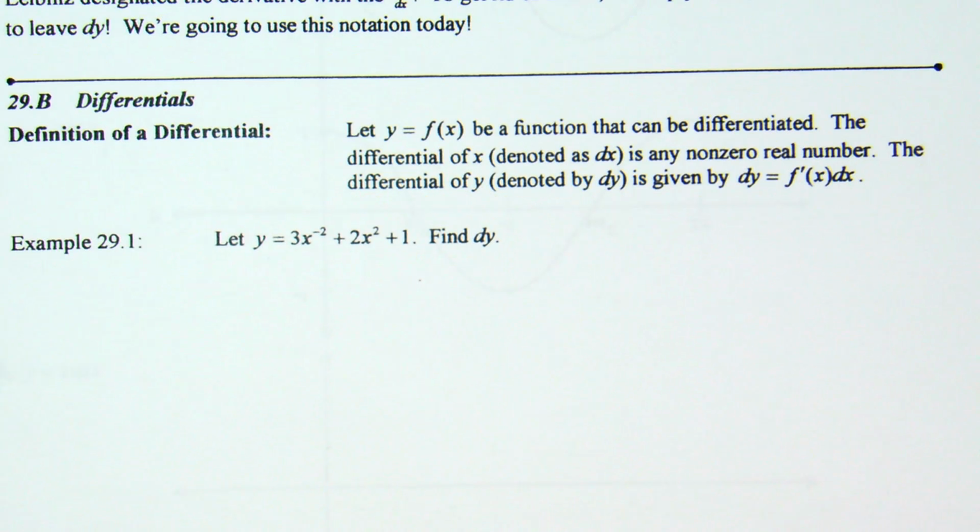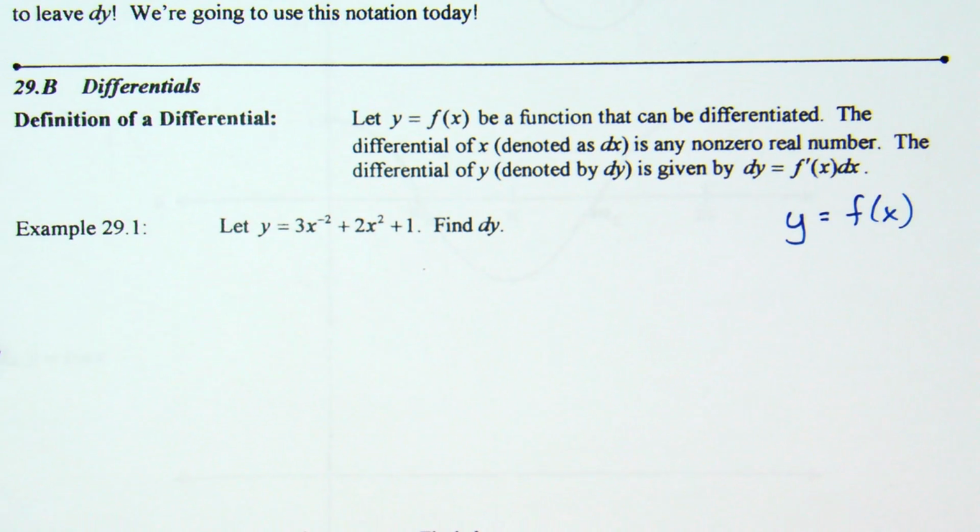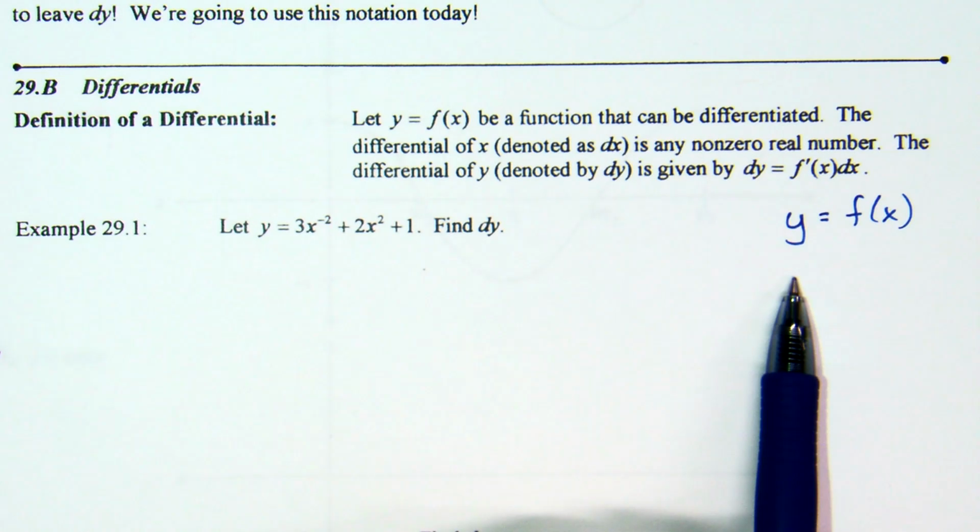Side note before I go there though. If you have the equation y equals f of x, and we say take the derivative. This is kind of pre-example one. What do we often write when we take the derivative of a y equation? In place of y, we put what? dy dx or y prime, right?